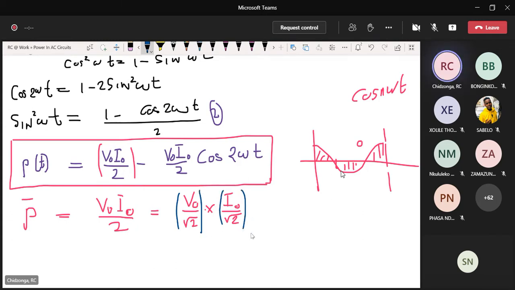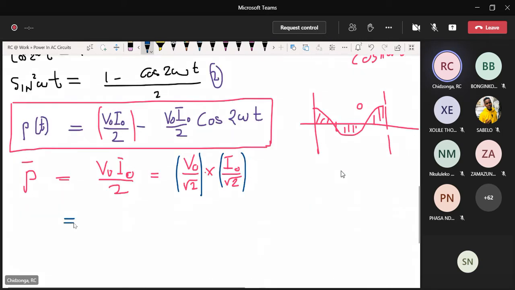The two quantities which I have now separated by those brackets. The first one is what we call the root mean square voltage, RMS. And the second one is what we call the root mean square current, RMS. And this gives you the average power from an AC source.